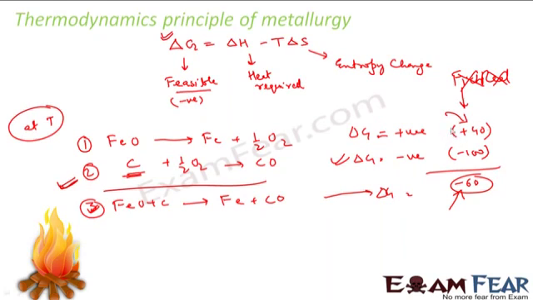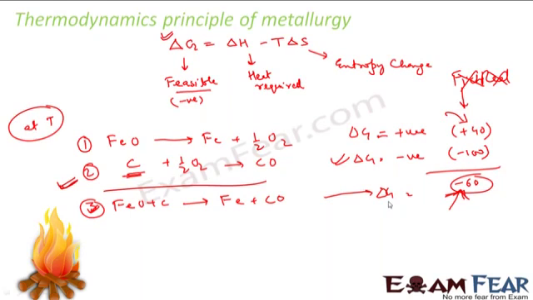So assuming this, for reaction 1 the delta G was positive, which means this reaction was not feasible at a given temperature, and the second reaction was feasible and had a very large negative value of delta G. If you club reaction 1 and reaction 2, the final reaction has a negative delta G value, right?